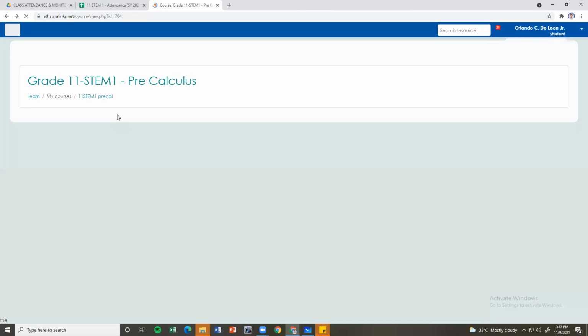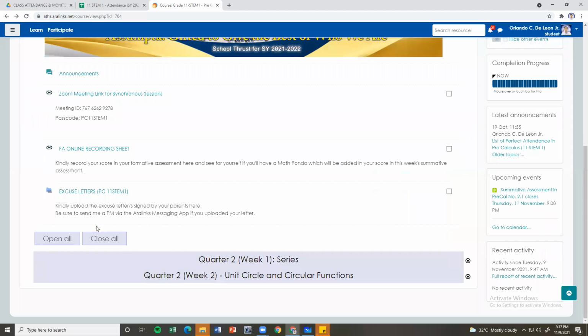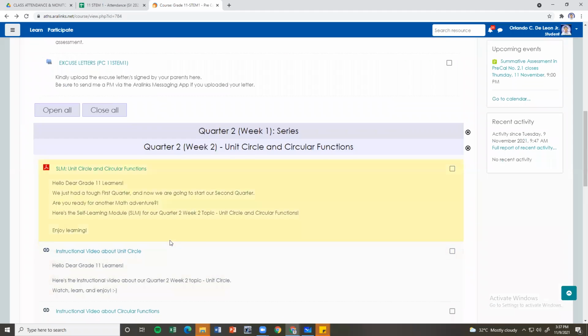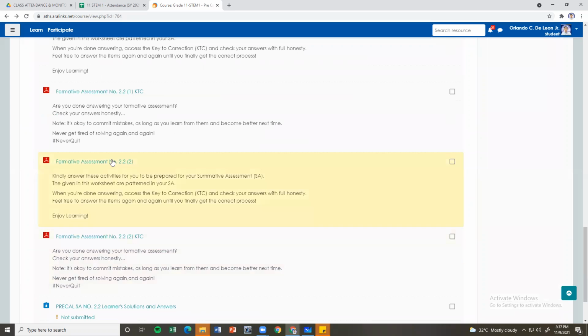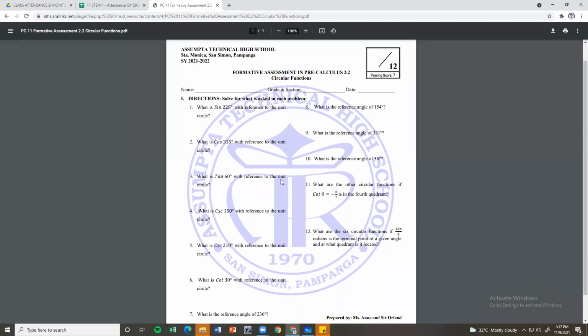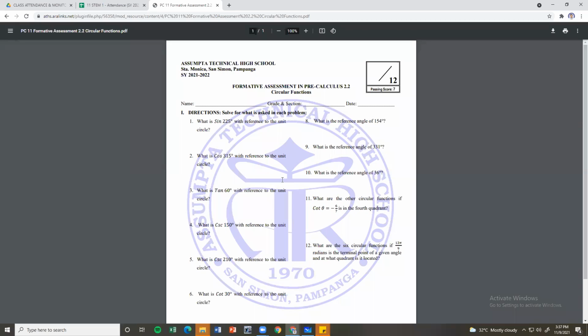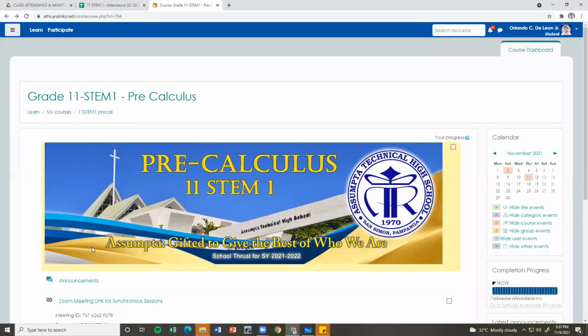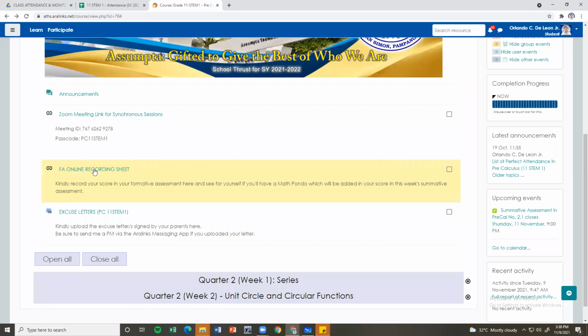The formative assessment 2.2 number 2 is about the circular functions. So 12 plus 12 is 24. You need to add your scores for the first and second formative assessments, and don't forget to record them in our FA recording sheet.